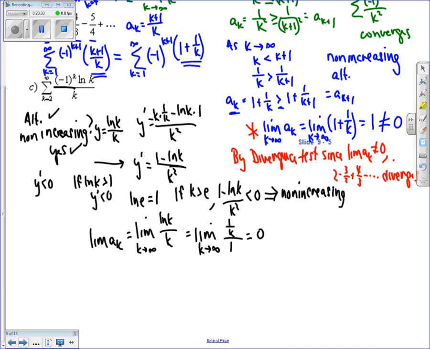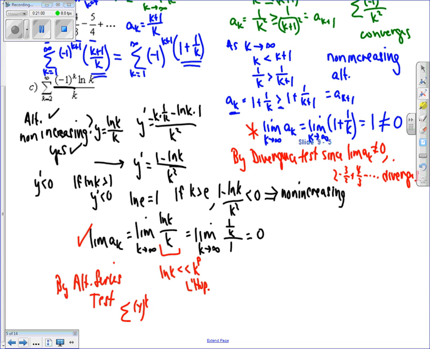You also could have used the fact that in our growth table, natural log of k grows more slowly than k to a power, which we just have k to the first. So you have two options here, L'Hopital's rule or the growth table, to show that the limit of the kth term is 0. So that's true. So by the alternating series test, this series converges.